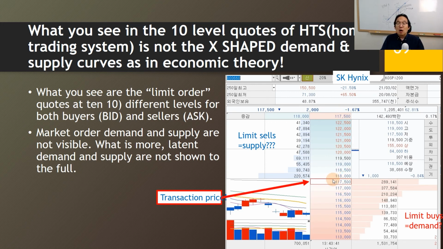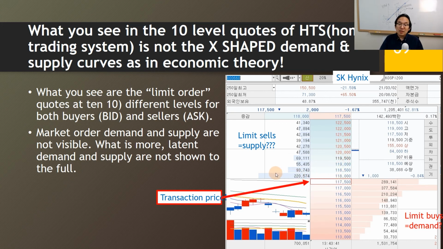We have the seller's quote and the buyer's quote, right? That's bid and ask. This is the bid price, and those are the ask prices. These are the buyers, those are the sellers. Sellers ask, right? If you want to buy it, buy it at this price. Of course, you want to sell it high, for a higher price. So the transaction price is over here, but they want to sell it at a higher price.